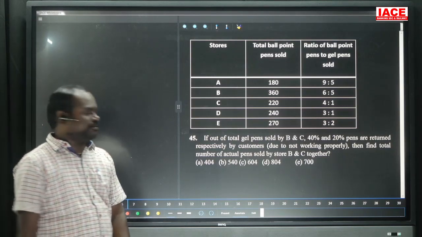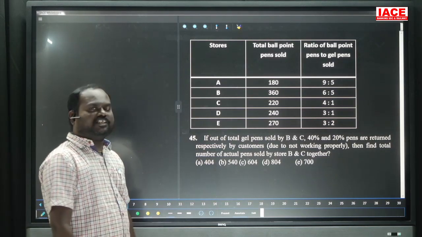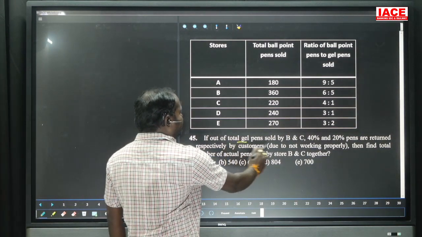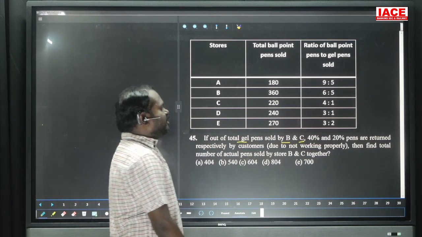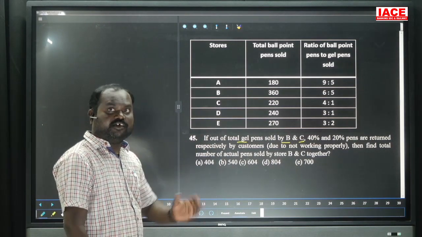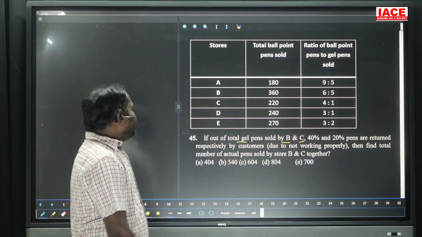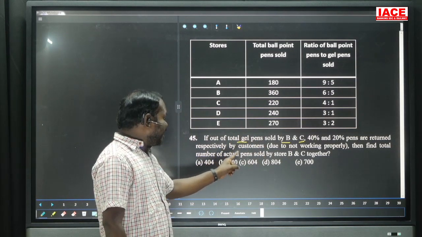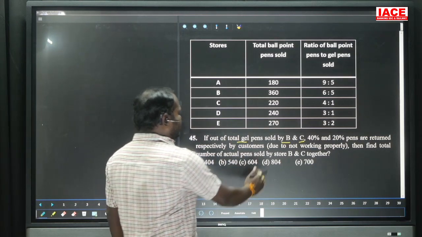Next, 45: out of the total gel pens sold by stores B and C, 40% and 20% are returned respectively by customers due to not working. Find the total number of actual pens sold by B and C together.